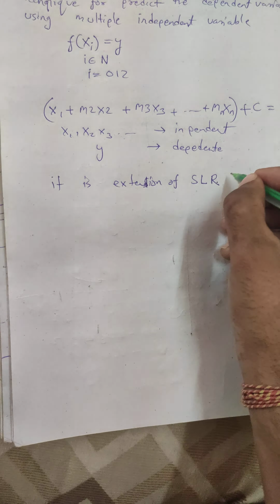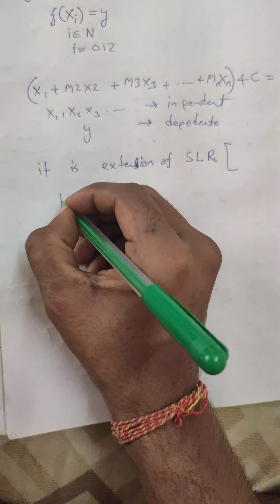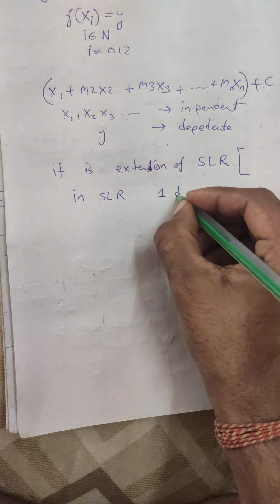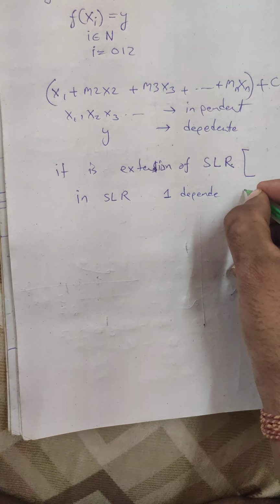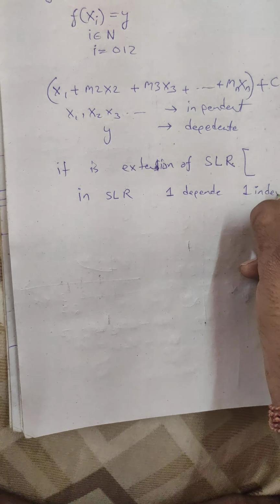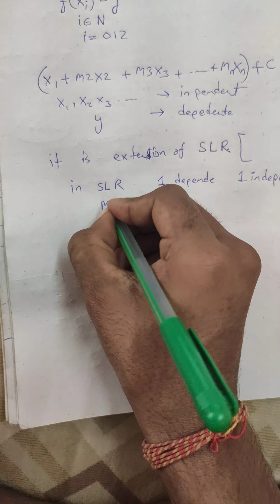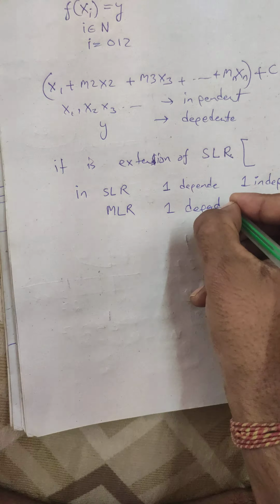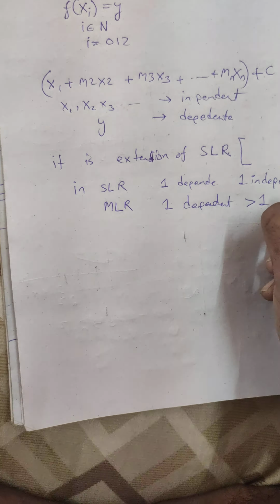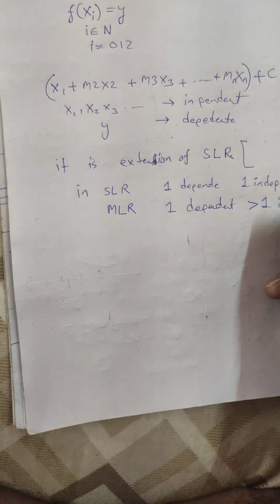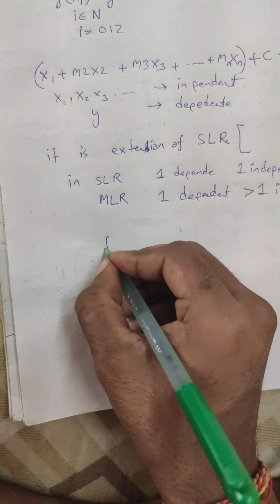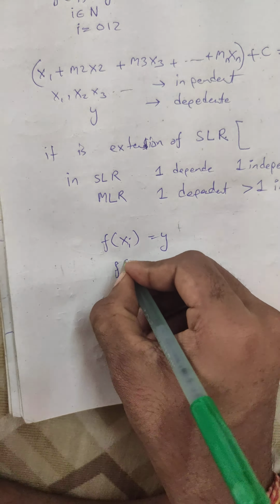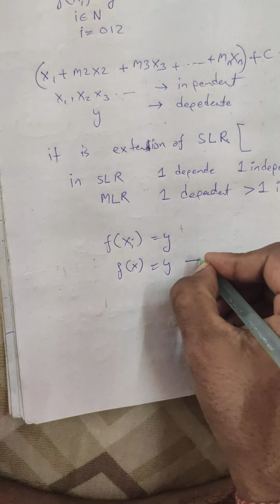In simple linear regression, I am using one dependent and one independent variable, whereas in multilinear regression, one dependent and more than one independent variable. f of xi equals y, f of x equals y, SLR.